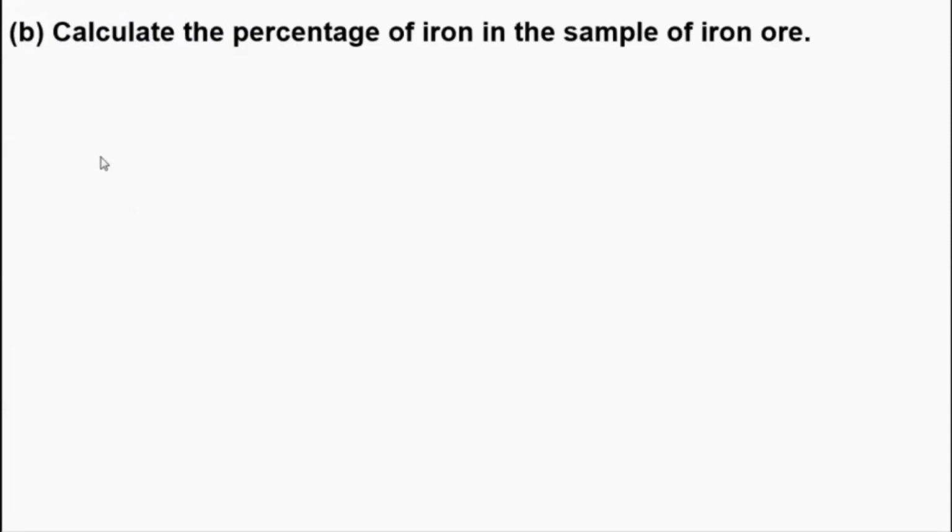For question B, we need to calculate the percentage of iron in the sample of iron ore. Given in the question, at the equivalence point, potassium permanganate and iron 2 ion from the acid solution completely reacted. But at this moment, we do not know yet how many moles of potassium permanganate reacted with this iron 2 ion.